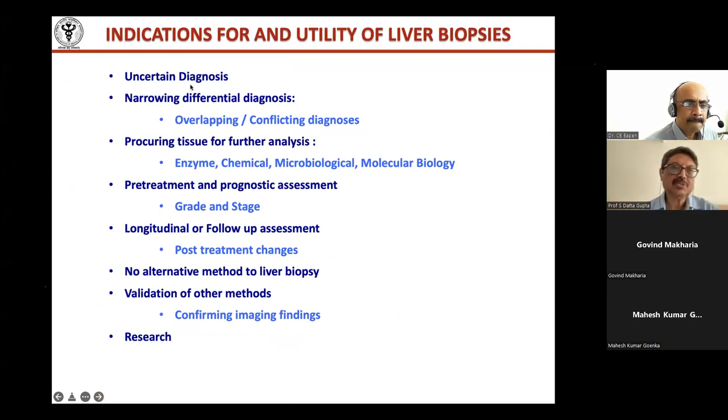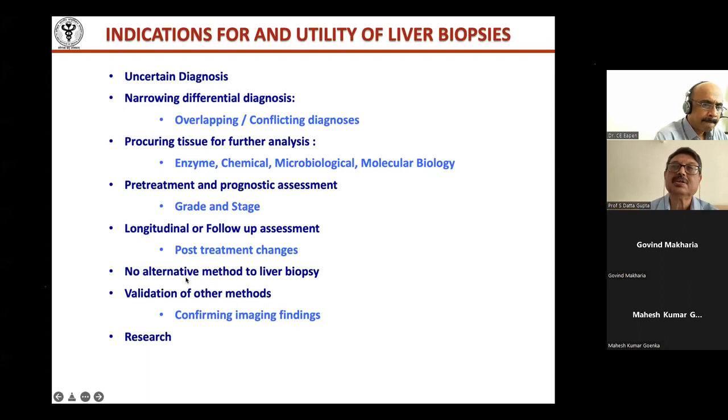So if you come to the indications presently, it's for uncertain clinical diagnosis, at least narrowing down the differential diagnosis. You can procure the tissue for further analysis, like enzymes, chemicals, microbiological, molecular biology, for grading and staging of various liver diseases, especially chronic hepatitis and NASH, for follow-up assessment once you have graded and staged them.